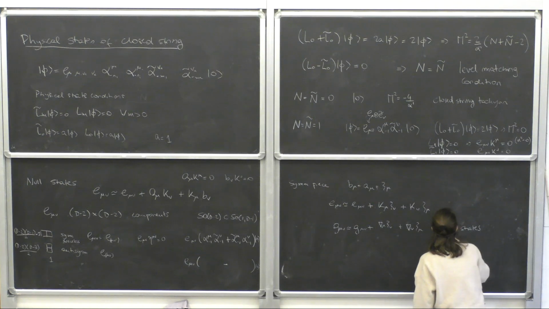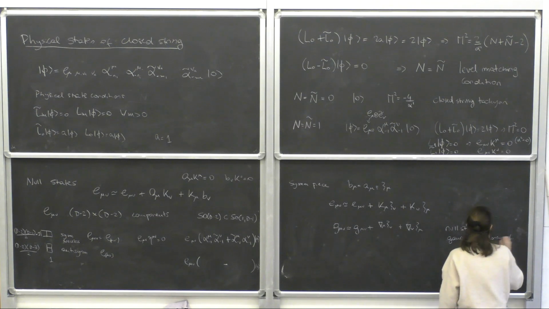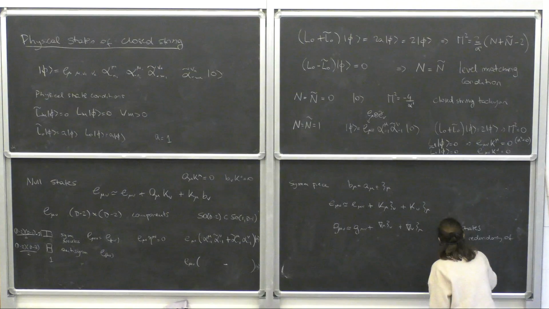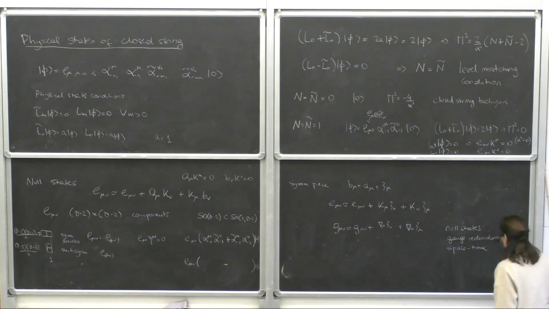So these are the gauge redundancy of space-time diffeomorphisms, right? So this is very different from the worksheet.